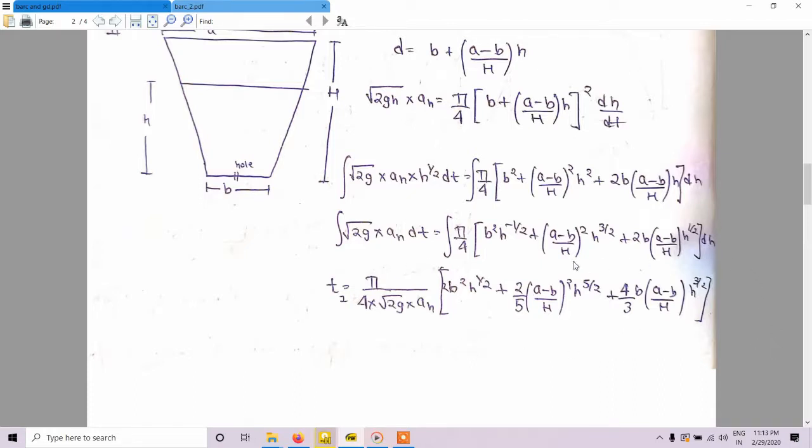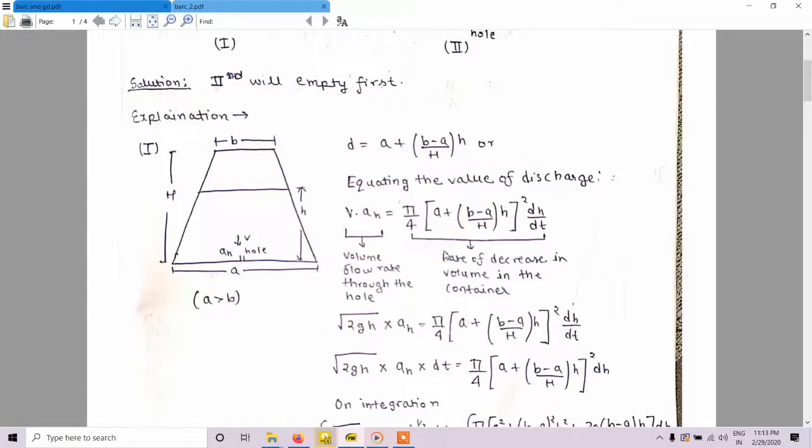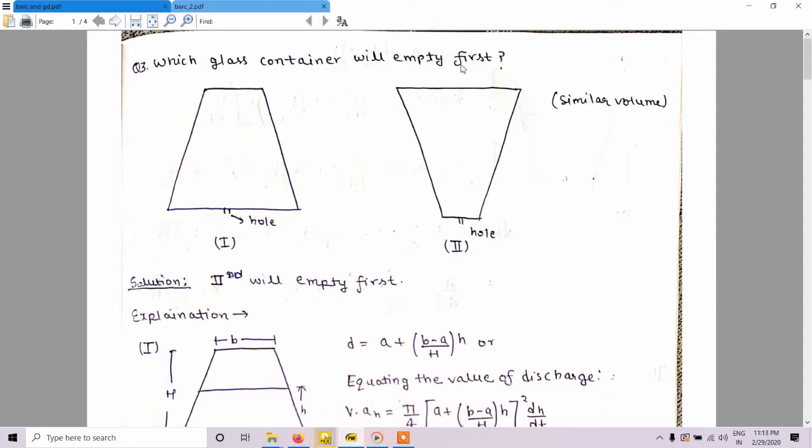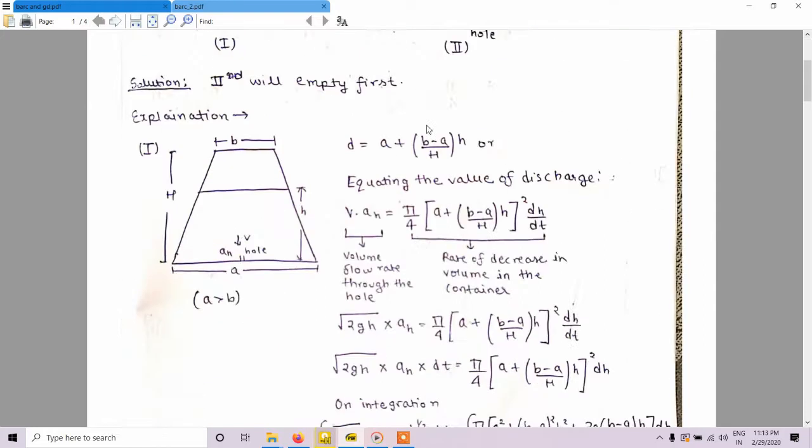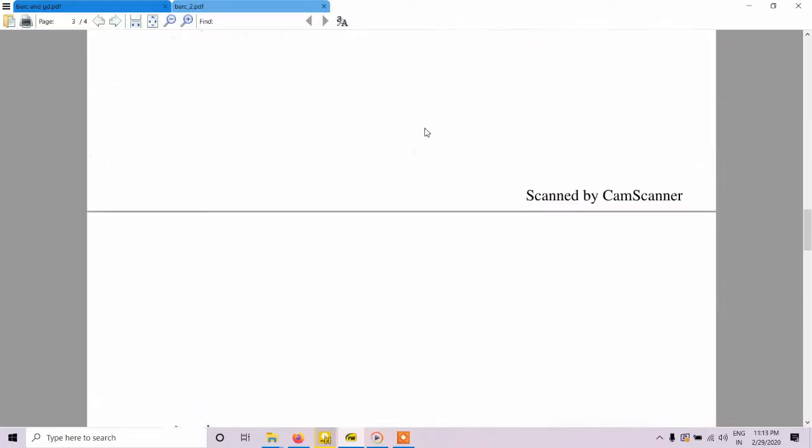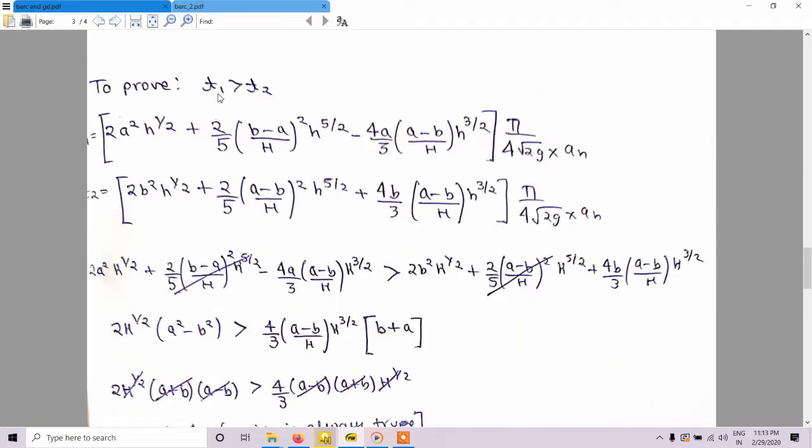Now we have to compare these two times and find out which is less, because we have to find which container will empty first. The time which is less will be emptied first. Now we compare the values of T1 and T2. The value of T1 is this, and the value of T2 is this. Assume that T1 is greater than T2.